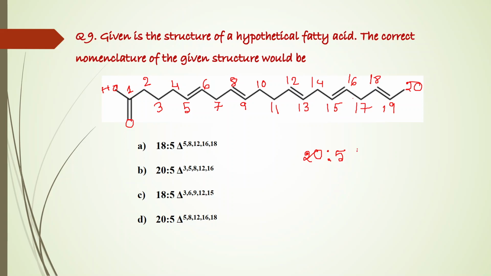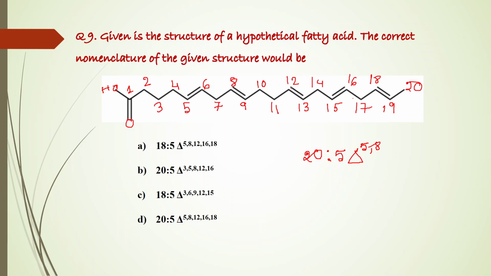Now in delta, we can talk about the position of these double bonds. So what are their positions? One is between C5 and C6, so we can write it as 5. The next double bond is between C8 and C9, so we can write it as 8.